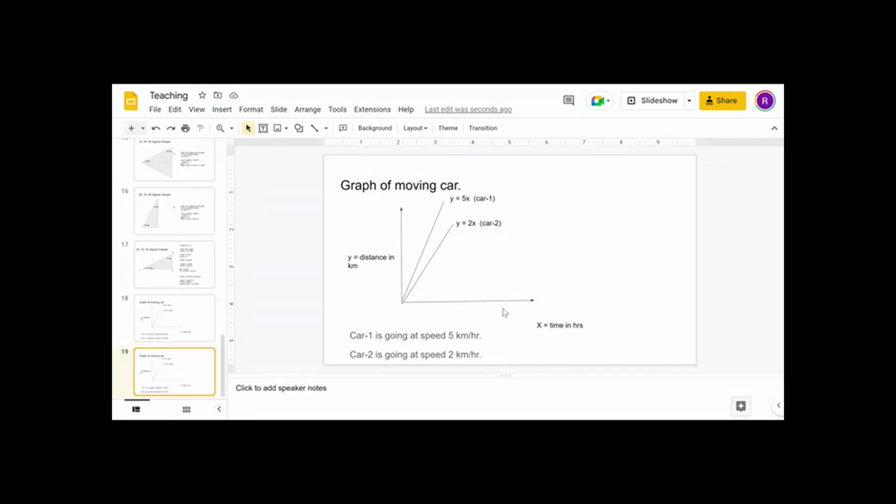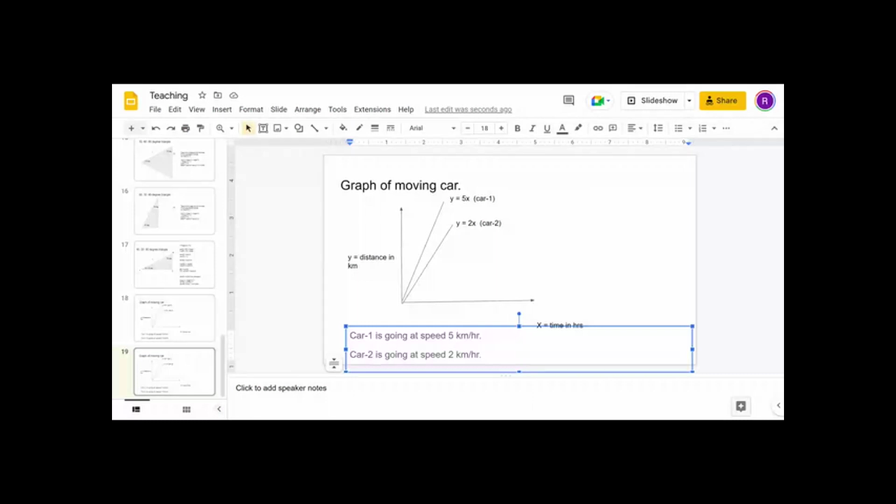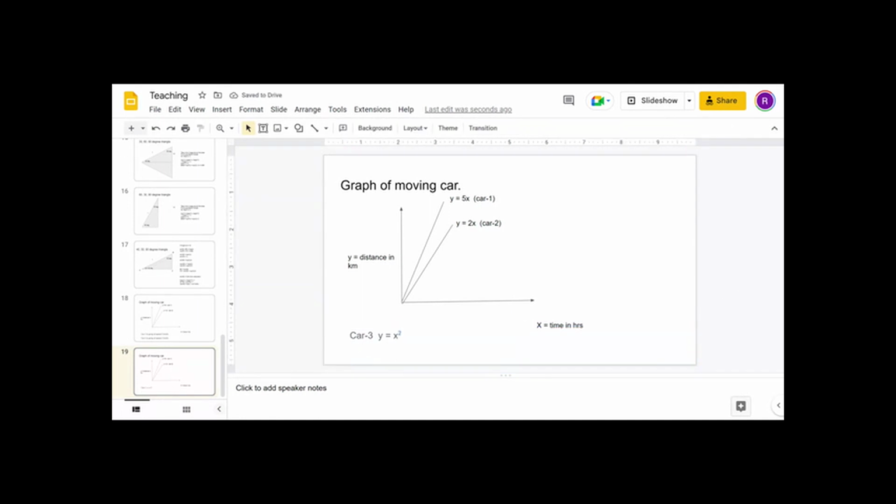So there is a car 3 which has this equation, y is equal to x squared. Is this car 3 going at a fixed speed? If I say y is equal to x squared, that means after x hours, the distance it has covered is x squared.